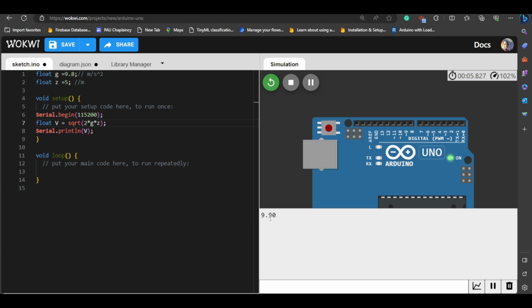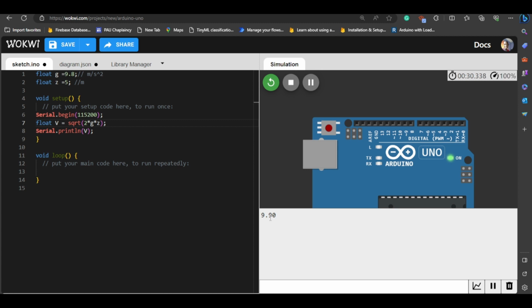But the whole idea of this video is not just to show you how to solve some engineering question. It's to show you that as long as you know how to solve the question, you can solve it with Arduino. It might just be way too long to do it yourself, so it might be faster doing it with Arduino, but as long as you know how to do it, you can also do it in Arduino.